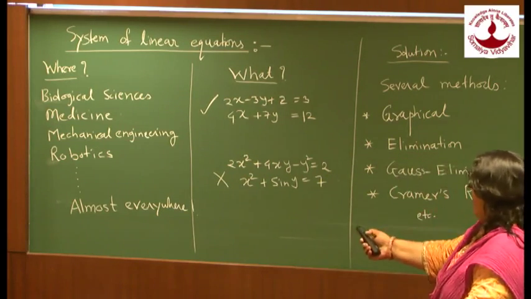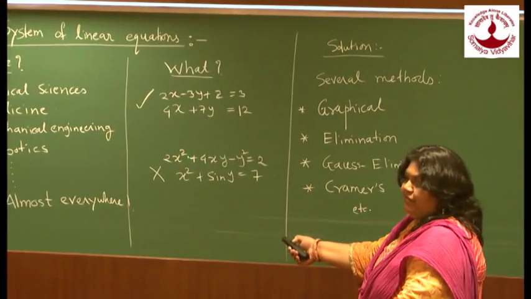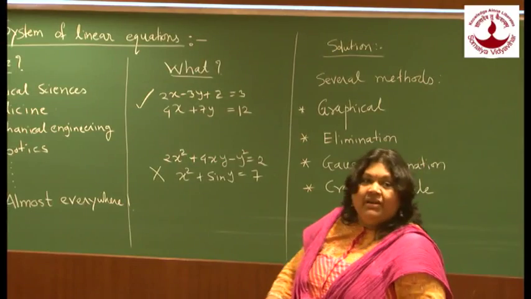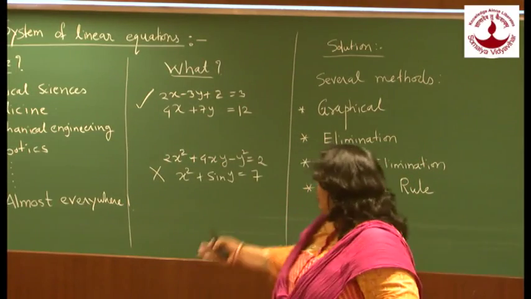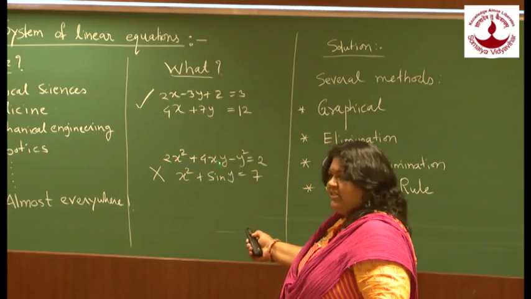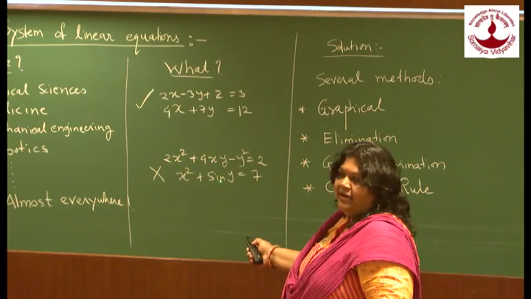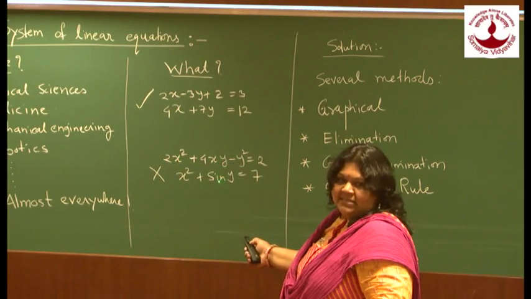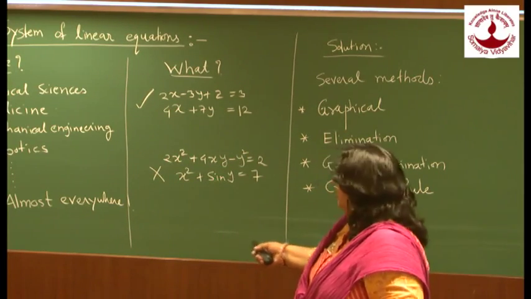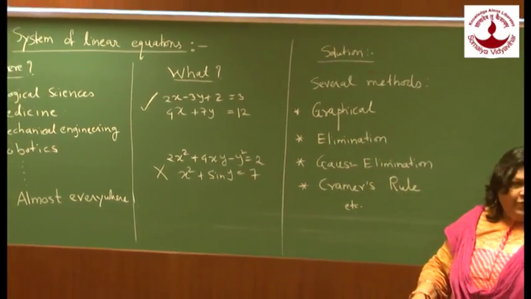The second example, though it is a system of equations, is not a system of linear equations because of the presence of the square terms and this product term of x into y in the first equation, and even in the second equation there is a sine. That also is not acceptable. Right? So we have understood what is a system of equations.